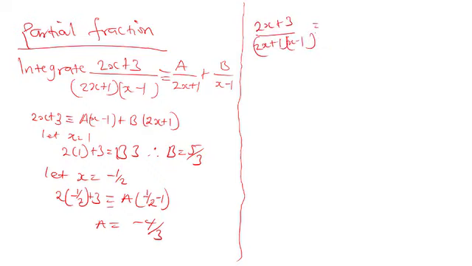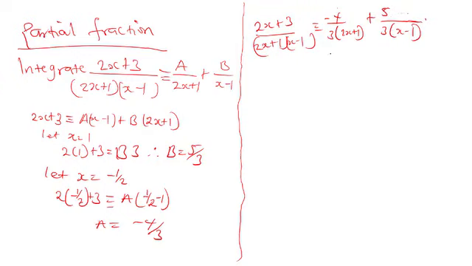So we now have the value of A as minus 4 over 3, over 2x plus 1, plus B, which is 5 over 3, over x minus 1. You saw what we just did. After solving for A and B, we came back to our master equation to put A as minus 4 over 3. Then remember 2x plus 1 is under here, then plus this. So this is what we are interested in now.